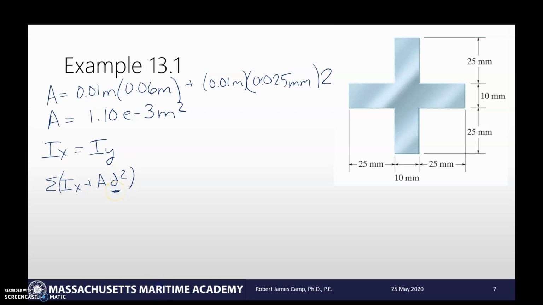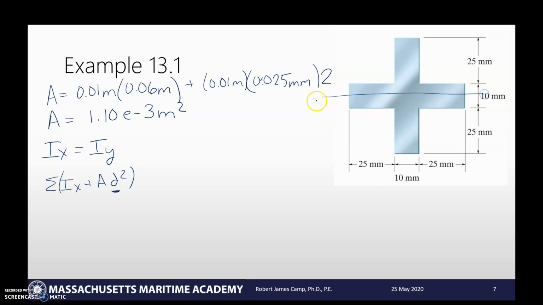If we can set things up so that when we break up the bigger shape into the littler shapes, my d squared is going to be 0, that will make it easier for us to solve. So, case in point, let's take a look at this.